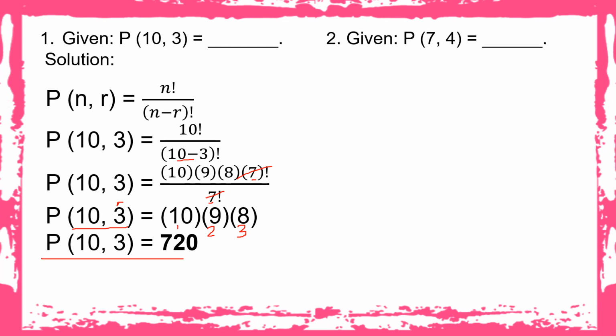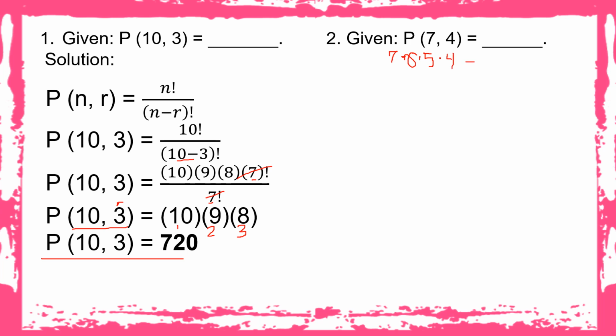Given permutation of 7 and 4, so what is our answer? So we can easily find it by using the one that I already taught you in the recent video. So we start at 7, multiply by 6, multiply by 5, and then multiply by 4.